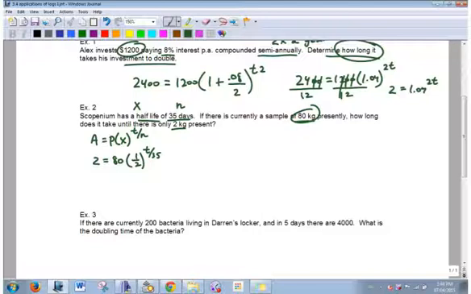Only one variable. Now I know how to solve it. I'm going to take a logarithm. But first, let's clean this up a bit, just like we did before. Let's divide both sides by 80. What's 2 over 80?